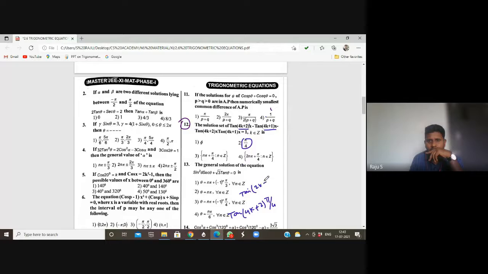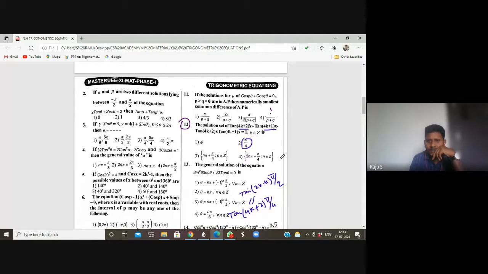When I take 2 common, tan of (2k+1) into pi by 2. Am I right? Pi by 4, the 2 taken common gets cancelled, and we get this is equal to this. Am I right, students?